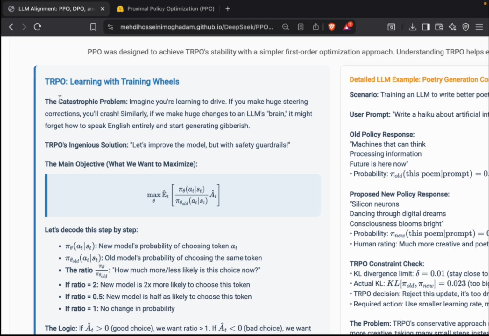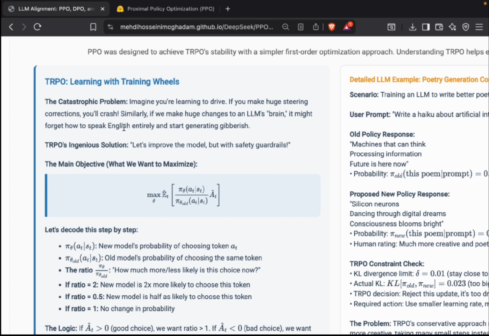That's very important. We have something called the catastrophic problem, which states: imagine you're learning to drive and you make a huge steering correction. What happens? You're going to crash. Similarly, if we do a quick shift or quick jump in gradient, alignment, or feedback for LLMs, what will happen to the brain of the LLM?